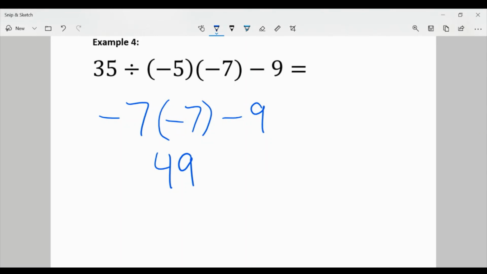Whenever they're the same sign, it's going to be a positive product, all right? So from here, I can bring down the minus 9. Well, 49 take away 9 is just 40, okay? So those are just some examples of how to set up these equations and then solve these equations.